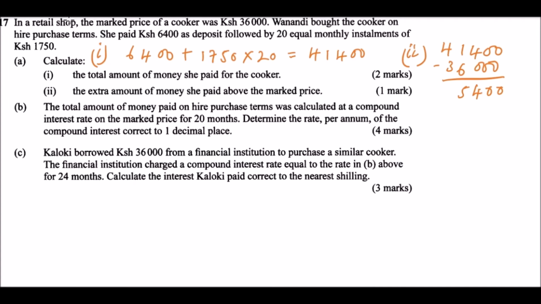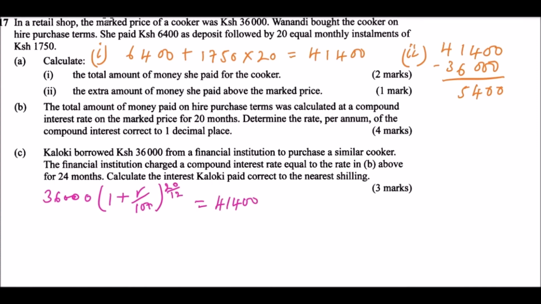We have our principal equal to 36,000, that is the marked price, times 1 plus R over 100, raised to the power of the number of years, 20 divided by 12, equals 41,400. We are supposed to find R.